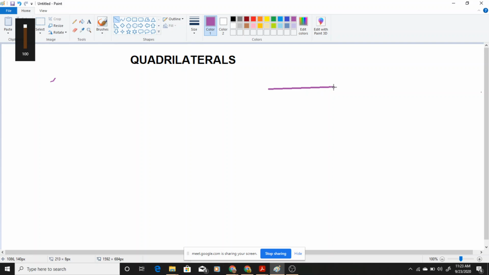Suppose this is the parallelogram I am drawing here. You are given with this parallelogram, name it as ABCD.